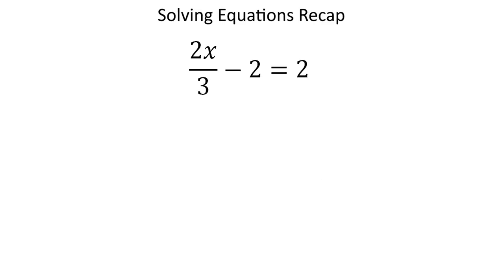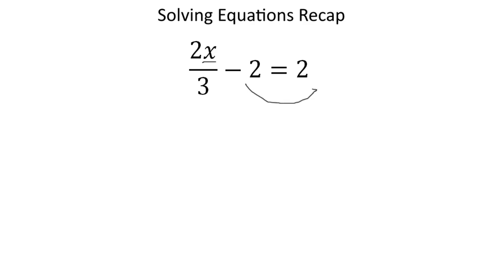So we're going to quickly recap on what we've done with solving equations. So remember, when we solve equations, we're trying to isolate x on its own when you have a situation like this, and we did that by shuffling the numbers around. So remember, if we want to get x on its own, we had to isolate the -2.